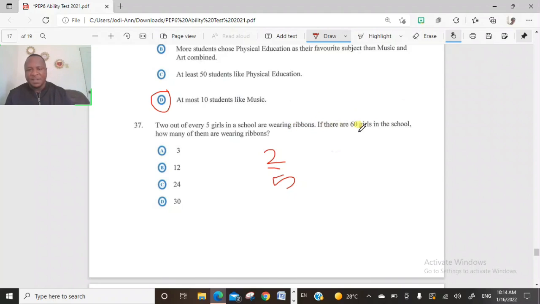So 2 out of 5 wear ribbons. If there are 60 students in the school, how many of them wear ribbons? So 2 out of 5 times 60. 5 into 60 goes 12. 2 times 12 gives us 24.